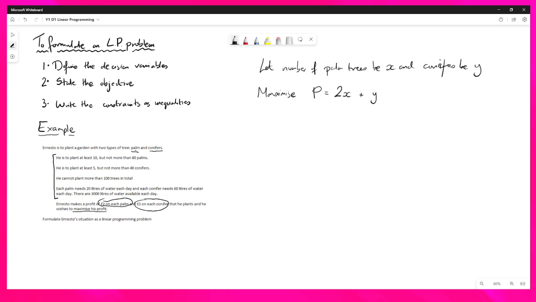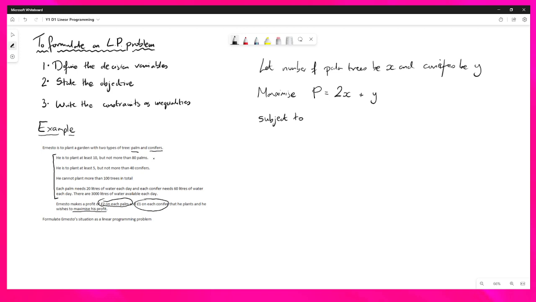We now need to go through and sort out our inequalities. We introduce those in our formulation of the linear programming problem by saying "subject to". And this just means, here's the thing we're trying to do, and here are our restrictions.